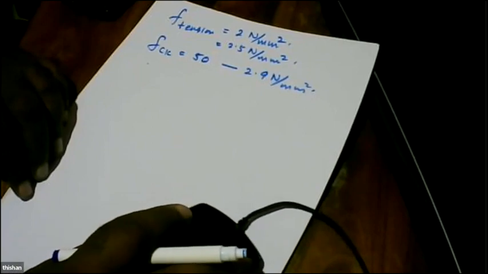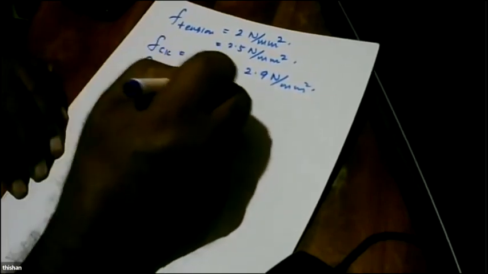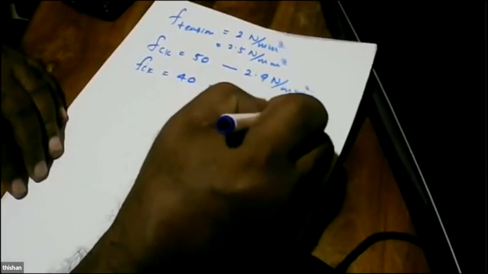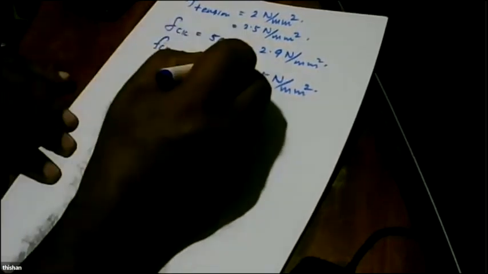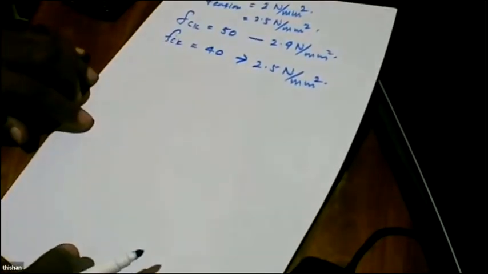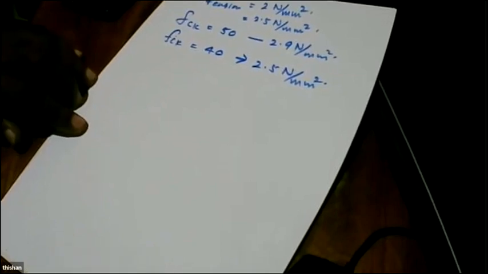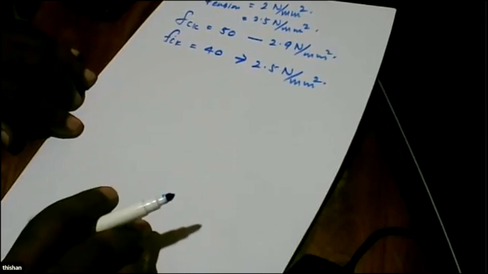So that's the value that I'm using. FCK 40 will give you something like 2.5 megapascal. Right, so right now our question is, how can we get 40 megapascal concrete, and how are we going to manufacture this?